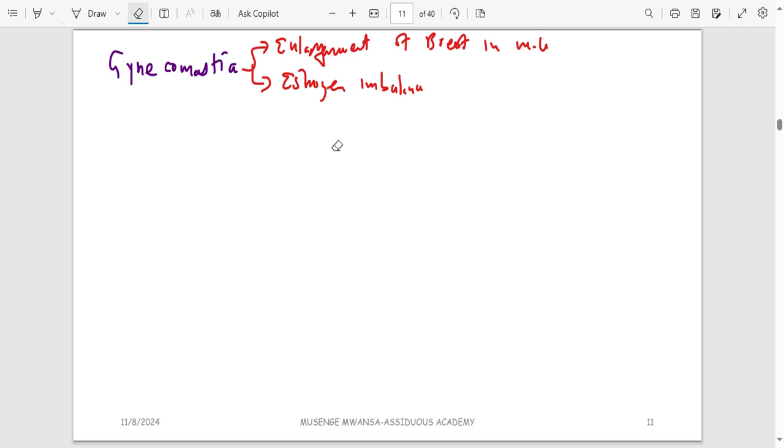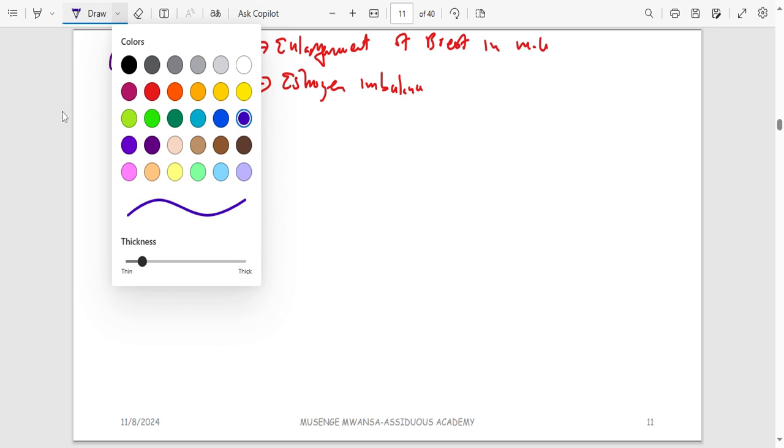But if there is an imbalance, there is a rise in estrogen without a rise in androgens, that's now going to result in gynecomastia. And what are some of the causes of gynecomastia? So you are basically looking at factors that can lead to an increase in estrogen.